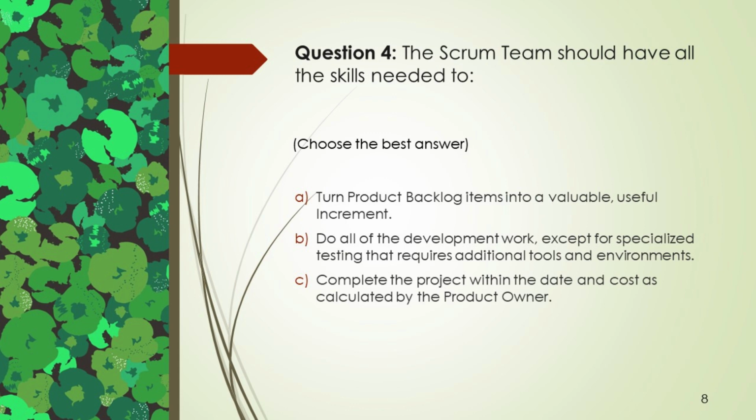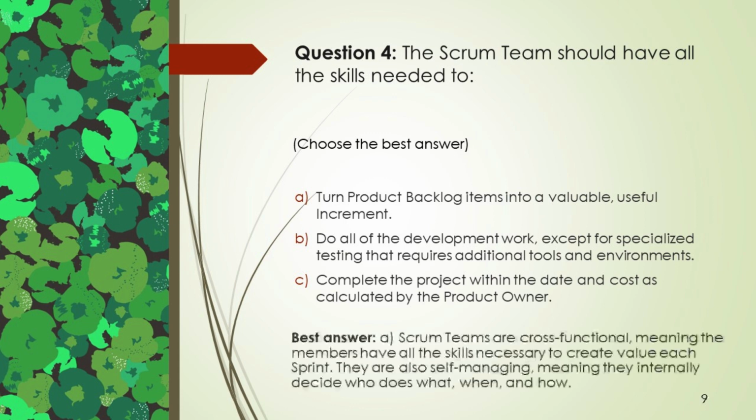C. Complete the project within the date and cost as calculated by the product owner. Best answer, A. Scrum teams are cross-functional, meaning the members have all the skills necessary to create value each sprint. They are also self-managing, meaning they internally decide who does what, when, and how.